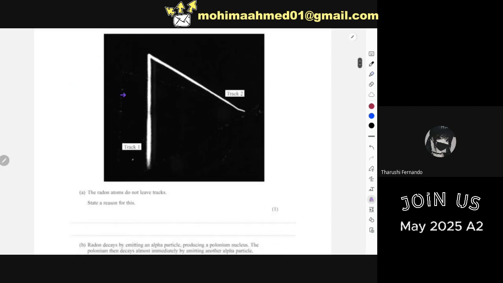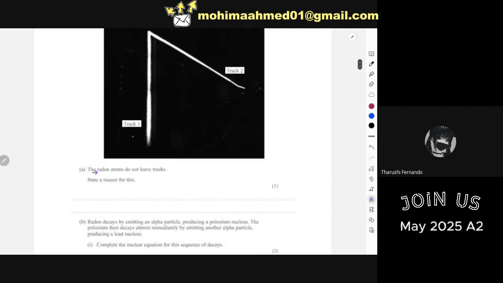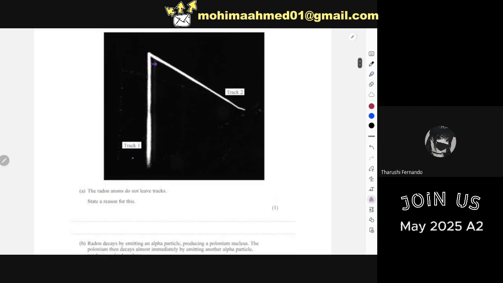Okay. Now, this is how the track looks, right? Always remember that only charged particles release tracks or traces; uncharged particles release nothing. It is also stated that the alpha particles were emitted by the radon, but you can only see two tracks, for alpha 1 and alpha 2. There was no track for the radon. The radon nucleus was obviously there, because after its decay you got alpha 1 and alpha 2.